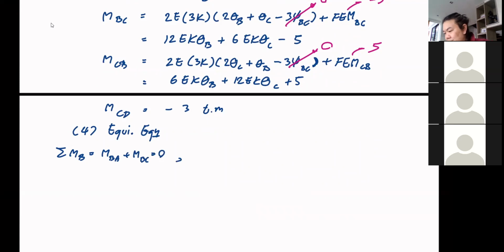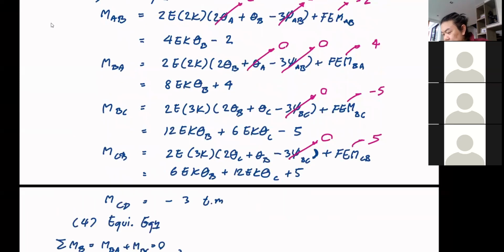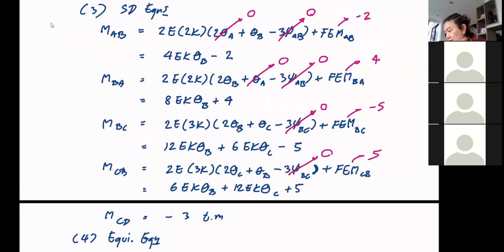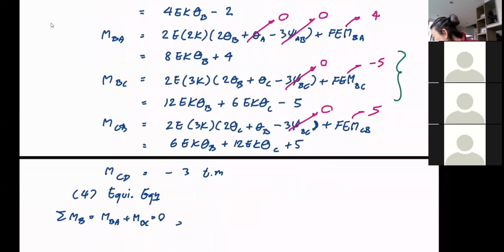So that gives you what? BA and BC, they are this couple, right? When you write things in order, it's pretty easy to do the work because now the B terms are together. So now 8 and 12. So I have 20 EK theta B plus 6 EK theta C, and then minus 1, right?